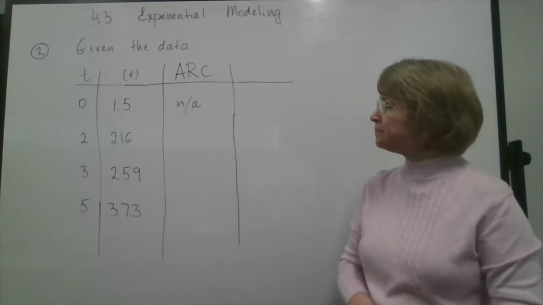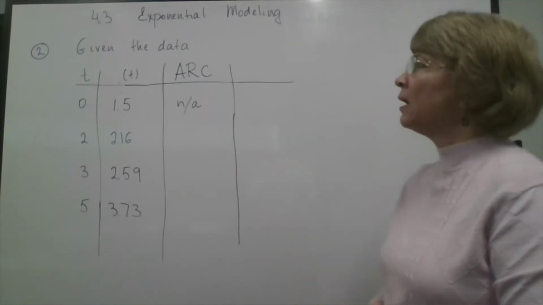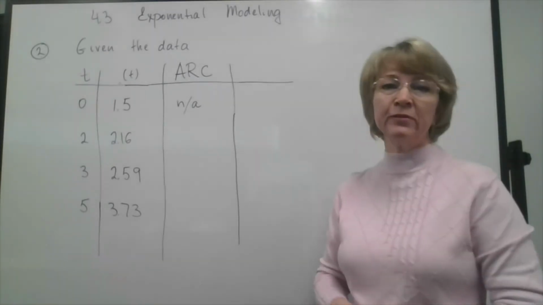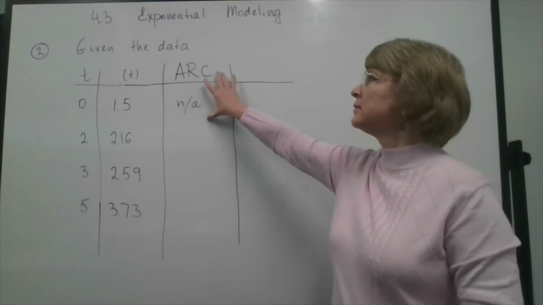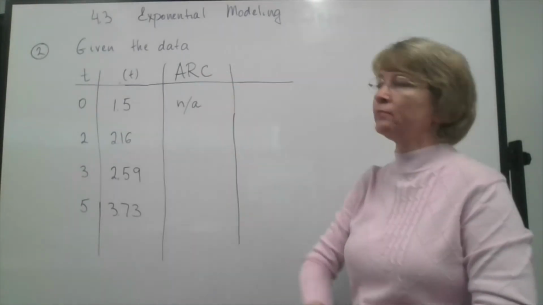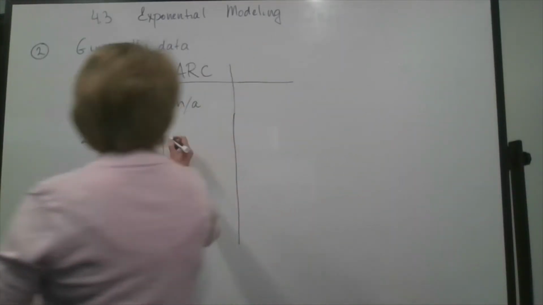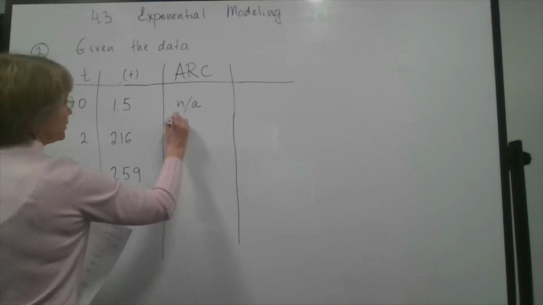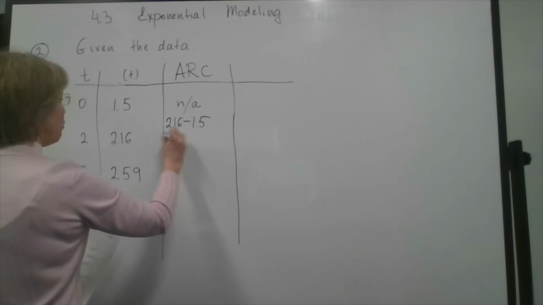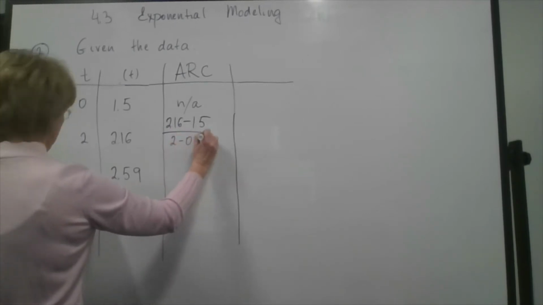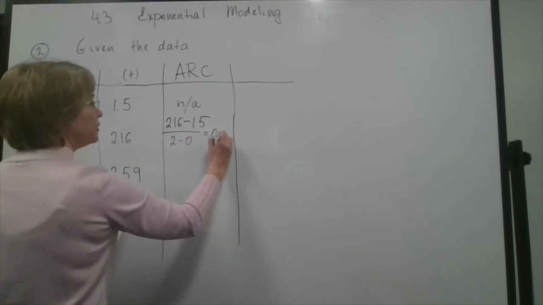Here's new data. You see the table, and again we have to figure out if this data is linear or exponential. And again we'll start with average rate of change. Let's calculate really quickly. 2.16 minus 1.5 over 2 minus 0 is 0.33.